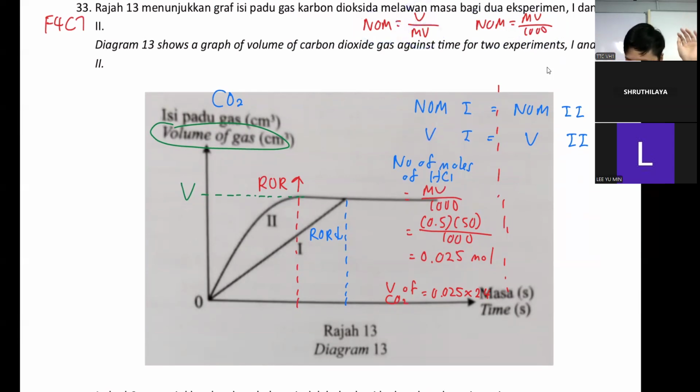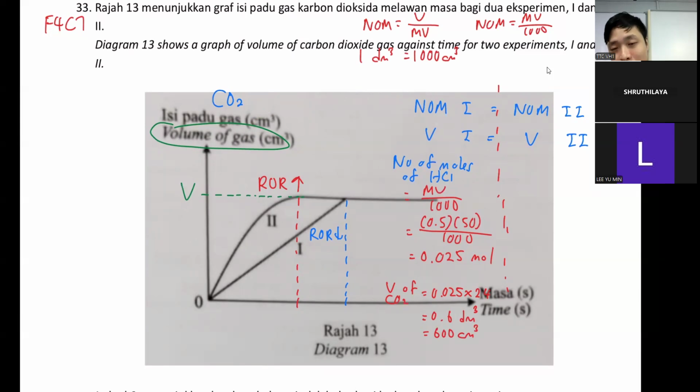Let's say you get around 0.6 dm cube. But here it is in cm cube, so times 1000, because 1 dm cube equals 1000 cm cube. So let's say you get 600 cm cube of gas.